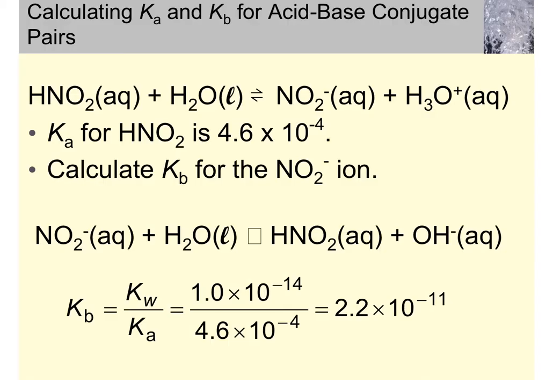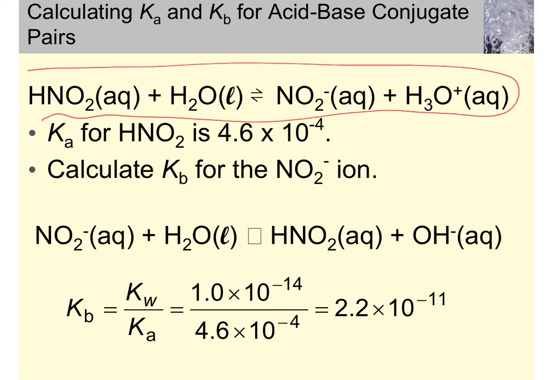Pretty cool, huh? So if we have Ka or Kb, we can easily find the other one simply by using this formula. Here's an easy example just to show you the type of problem you might see that relates Ka and Kb. So you're given the chemical equation for the weak acid, nitrous acid.